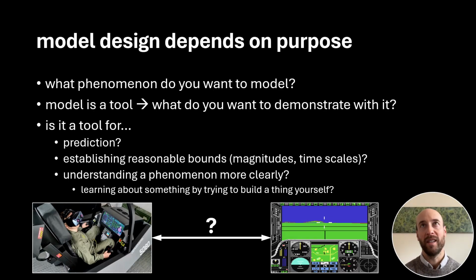Perhaps a more reasonable goal than prediction could be establishing reasonable bounds on a problem. So trying to come up with some reasonable bounds for magnitudes of fluxes, or trying to bound a problem with approximate timescales like that.